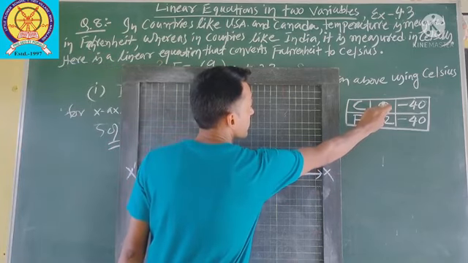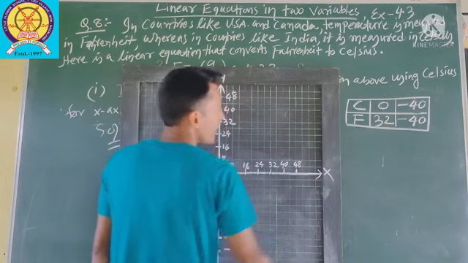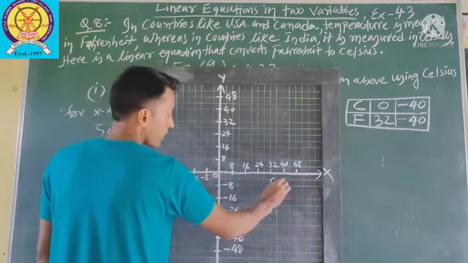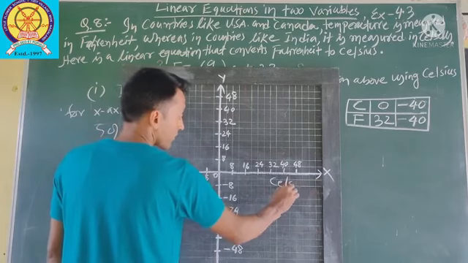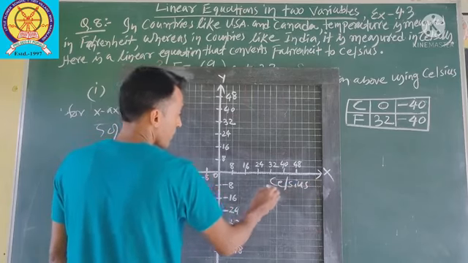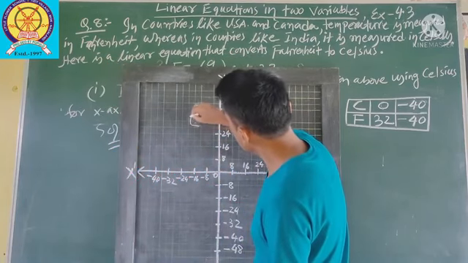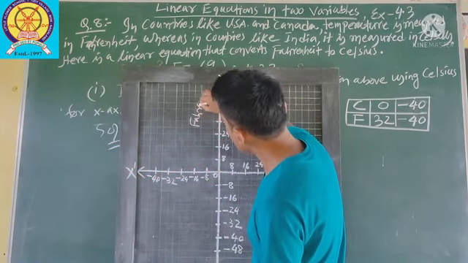Celsius is 0, Fahrenheit 32. The x-axis represents Celsius, and the y-axis represents Fahrenheit.